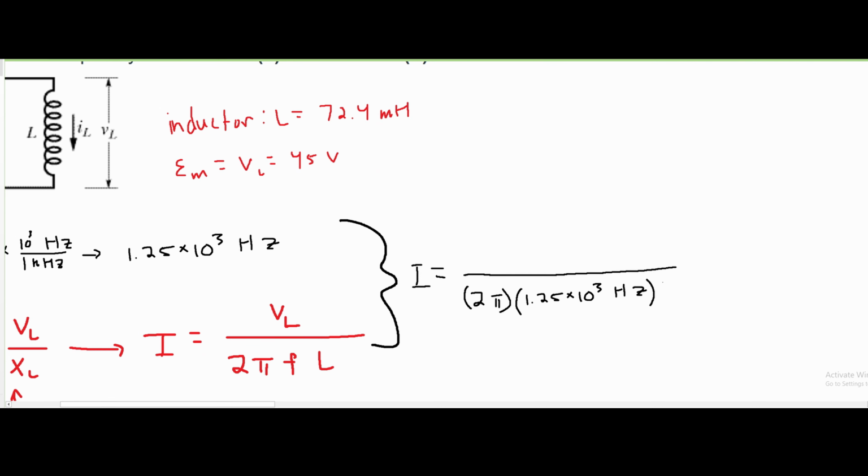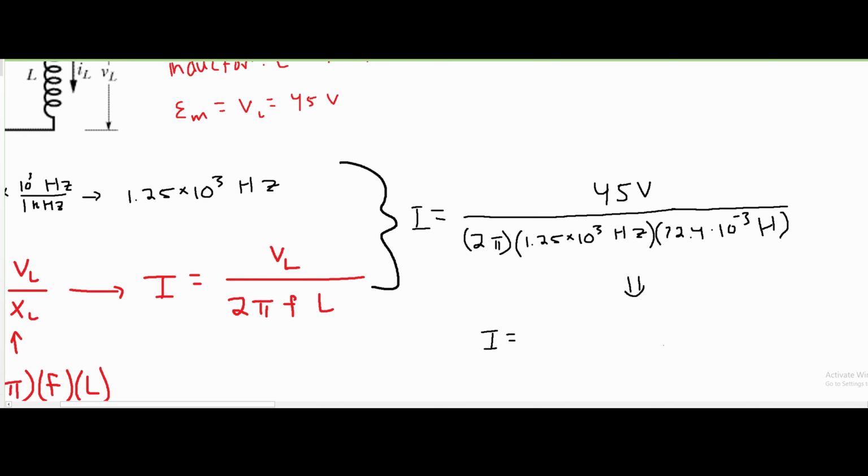However, we need to convert this into henries, so this is going to be 72.4 times 10 to the negative 3 H, and this is all underneath our V of L, which is our alternating EMF, which is 45 volts. If we plug this into our calculator, we are going to get approximately 0.08 amps. I is always in amps. There's our answer for part A.